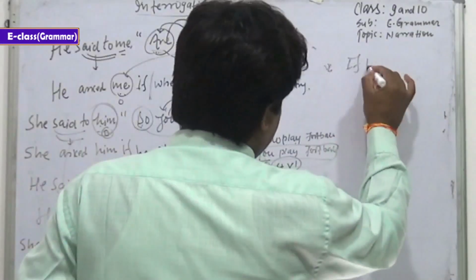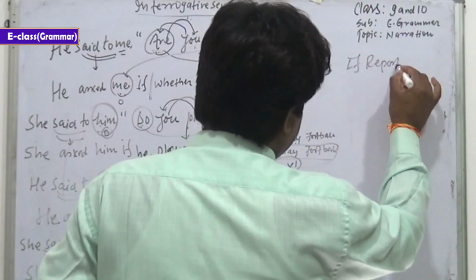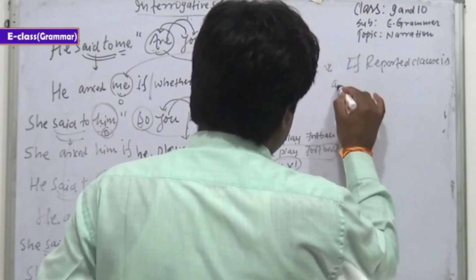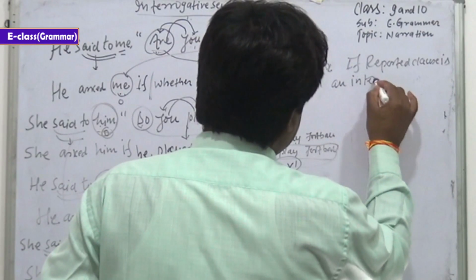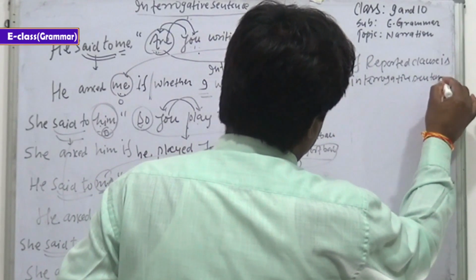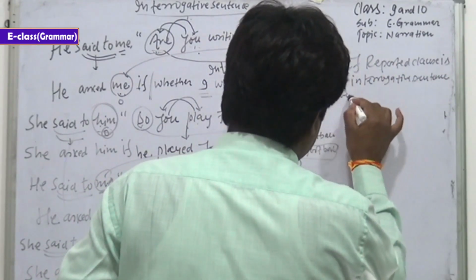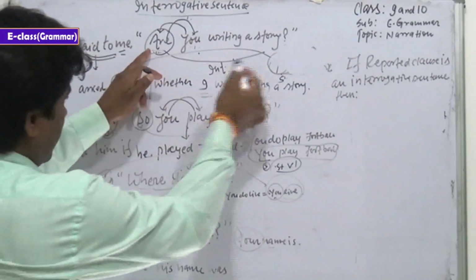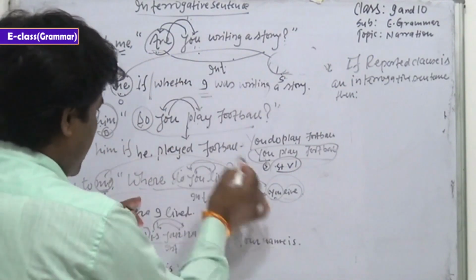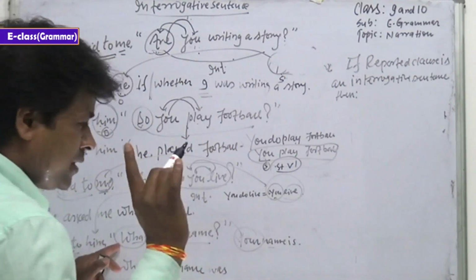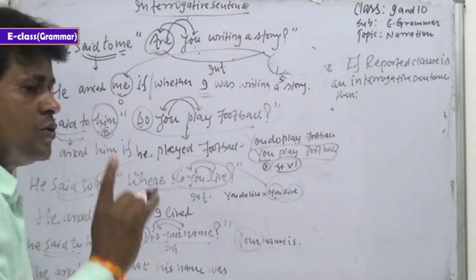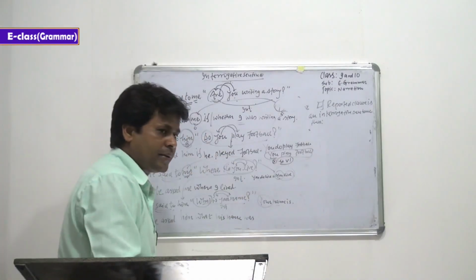If the reported clause is an interrogative sentence, then, reported clause which sentence? Interrogative. Then number 1, the reporting verb is changed into ask. This is what is to be understood over here.